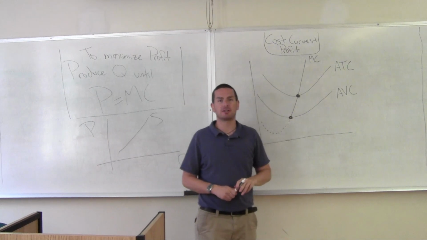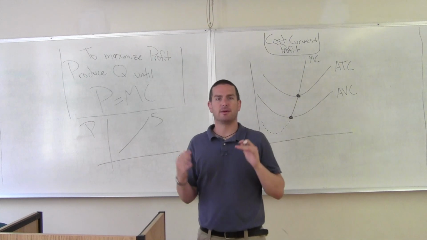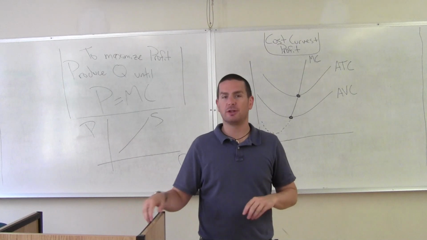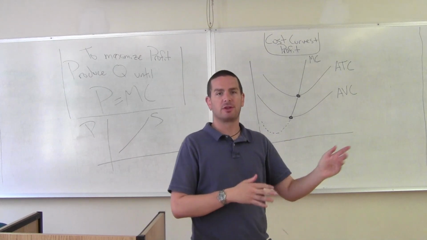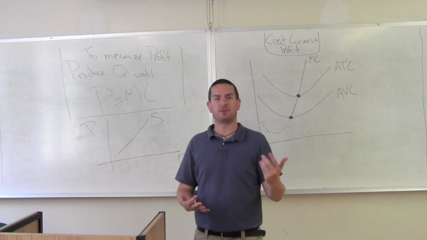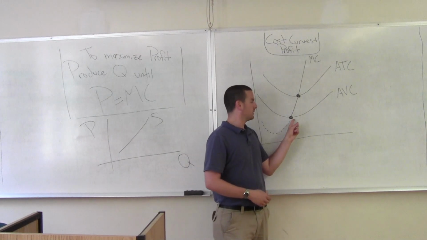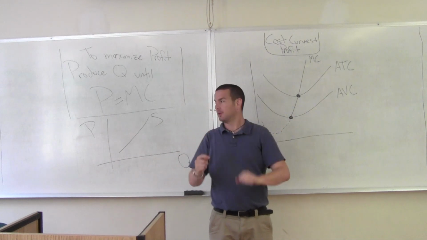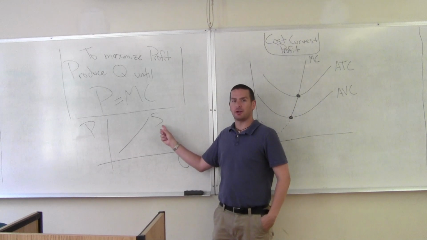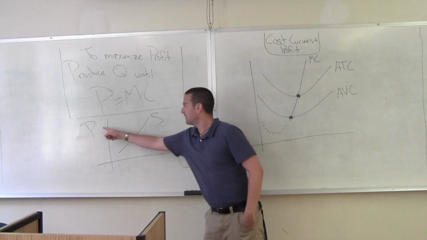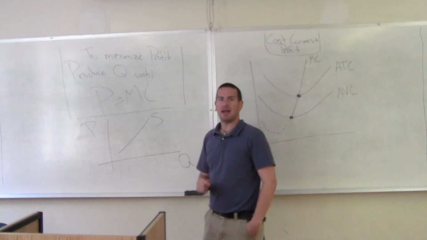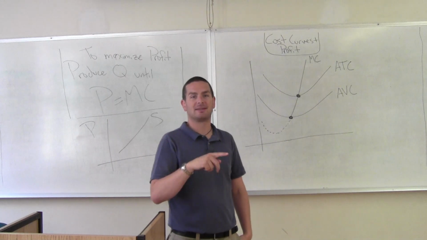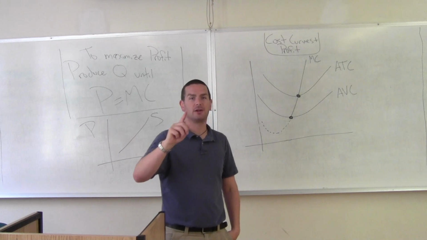The marginal cost curve is the market supply curve. What you do is you take every single firm's marginal cost curve above the shutdown point, and if you add them all together, you get the supply curve. Because here we have price and a quantity. As the price goes up, the quantity supplied goes up, the law of supply.